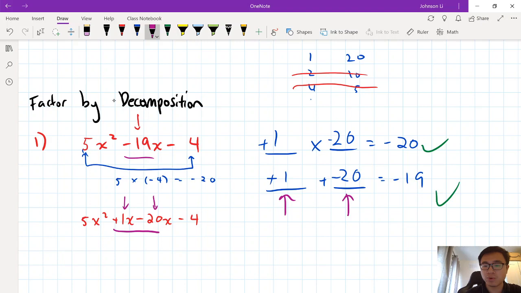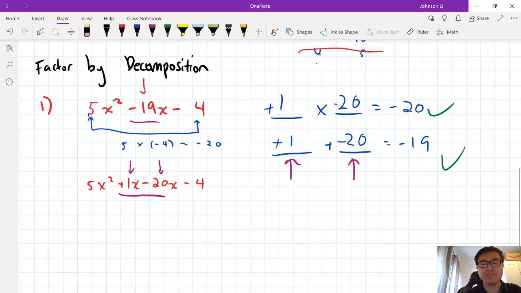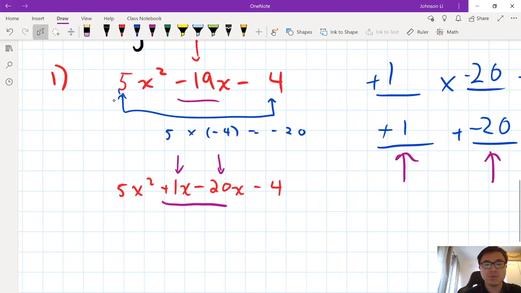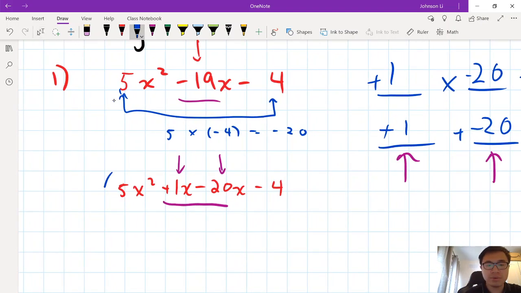So we don't do the whole thing with x plus 1 and x minus 20. That's not what we do here. It's a little bit different this time. So now all we have to do is common factor. We basically try to factor where we can by splitting and cutting the equation in two.